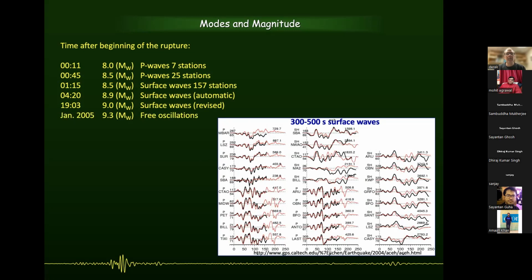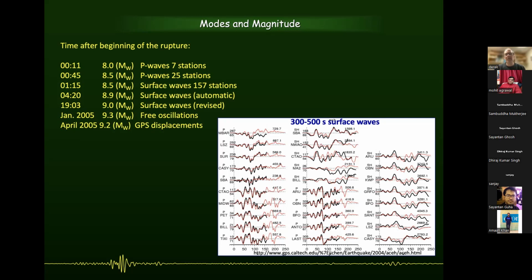And then finally, when they looked at free oscillations, they got a magnitude of 9.3. And free oscillations are just another way of saying normal modes. And then finally, they added GPS displacements and they revised it down a little bit to 9.2.